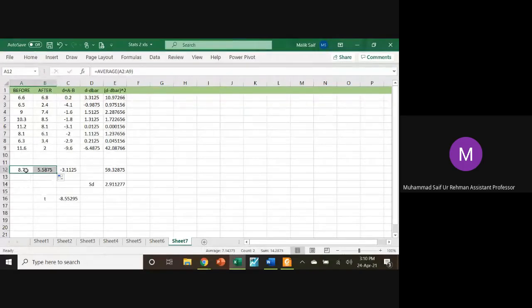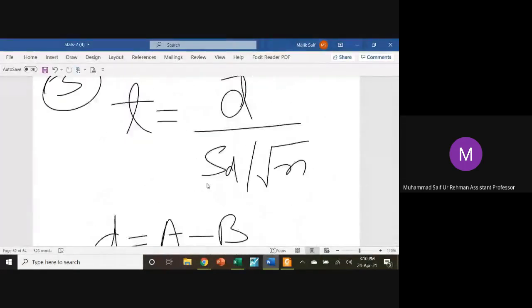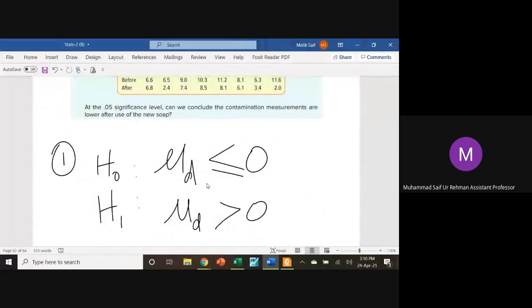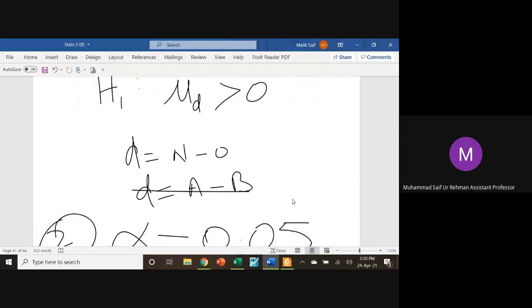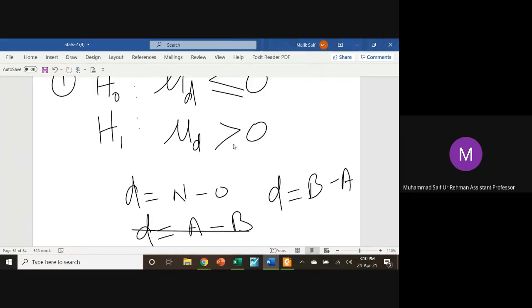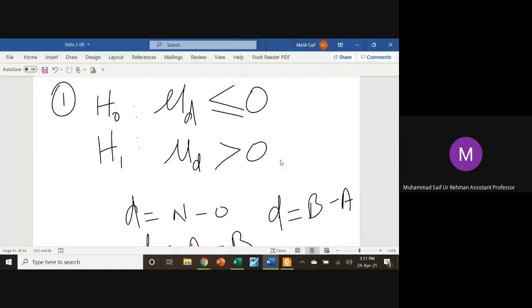This value, before's value, is larger. So what you have to do over here, you have to subtract after from before, not like this. You have to do it as D is before minus after. So in that case, this sign will be changed.